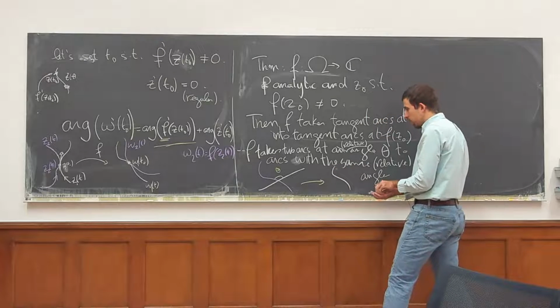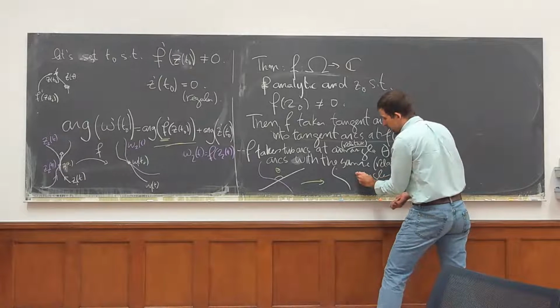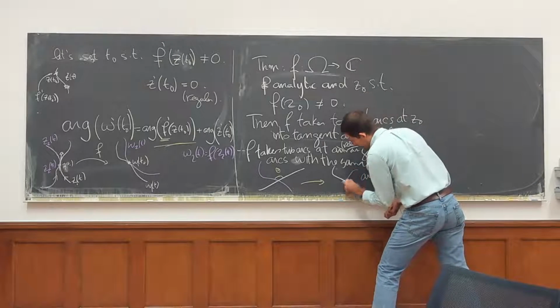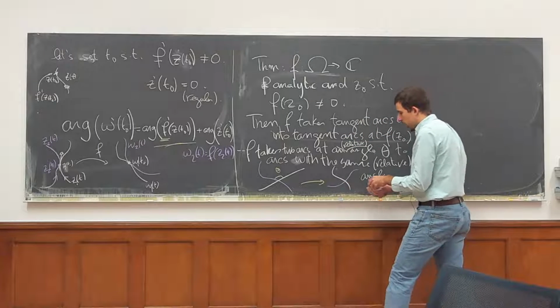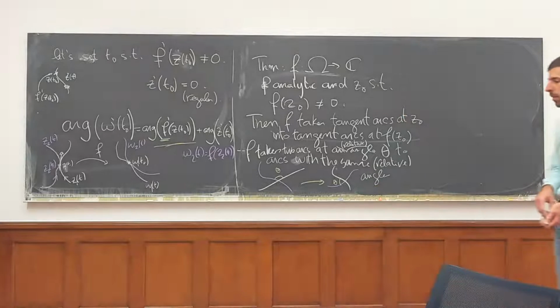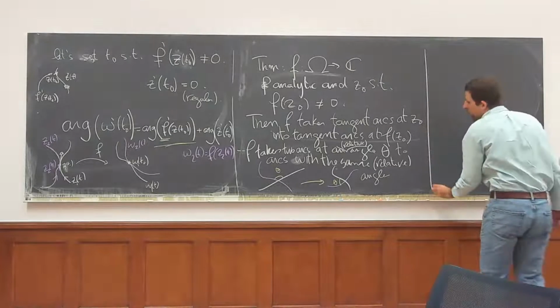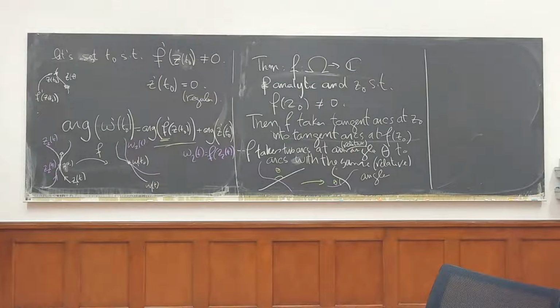Doesn't matter what they look like, but such that the angles will be the same. Okay, so let me see if I can make them. Where this angle will also be theta.